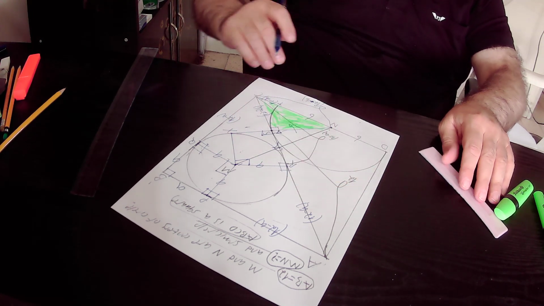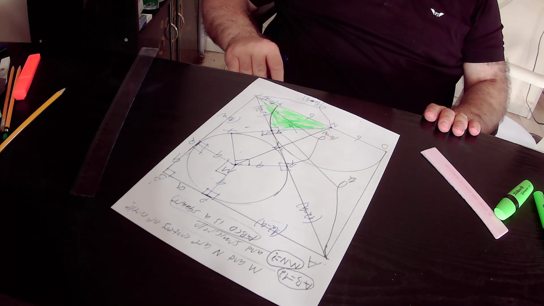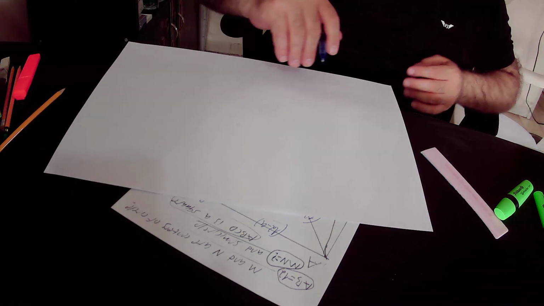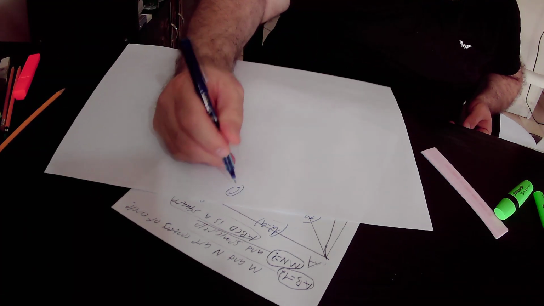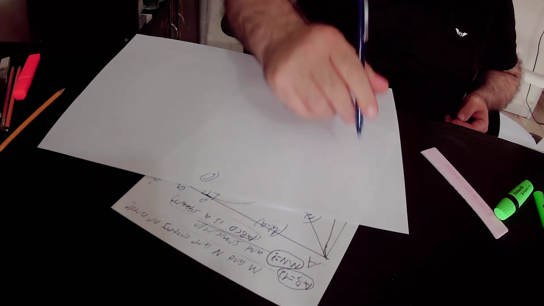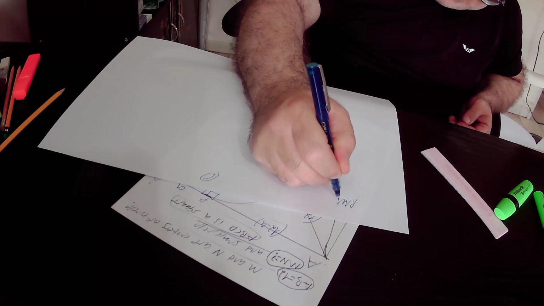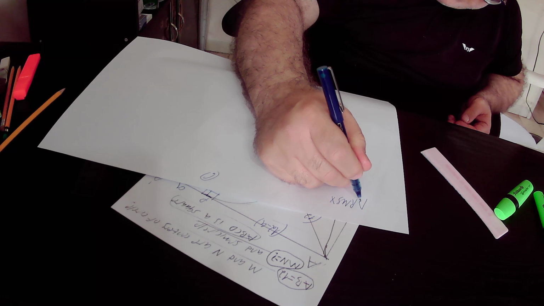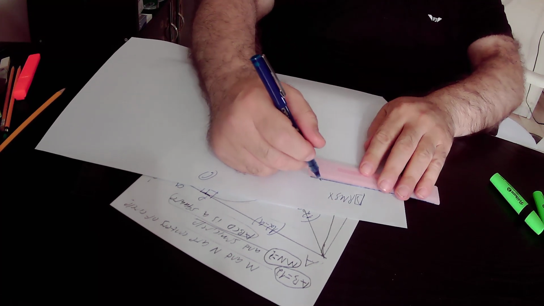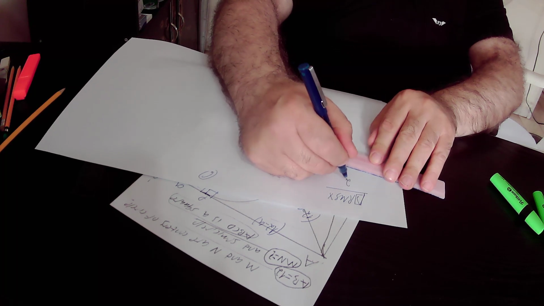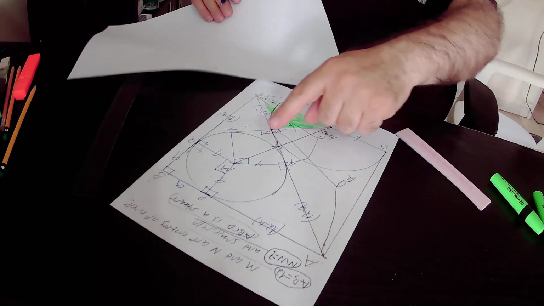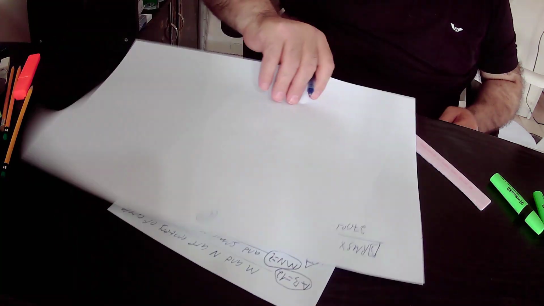So actually in quadrilateral RMSX we have 3 right angles. The sum of 3 right angles is 270 degrees, plus the size of the fourth angle, that is actually angle MXS.